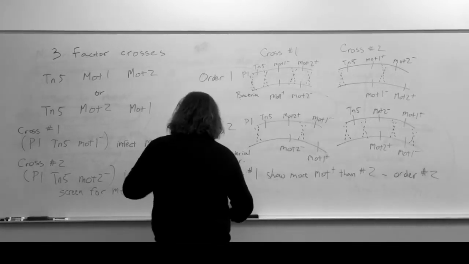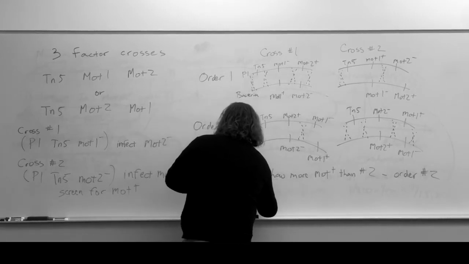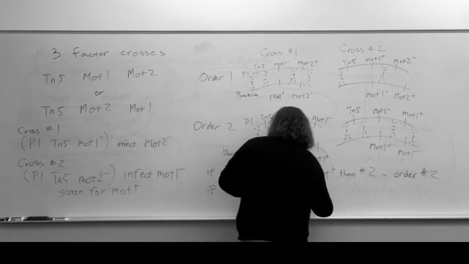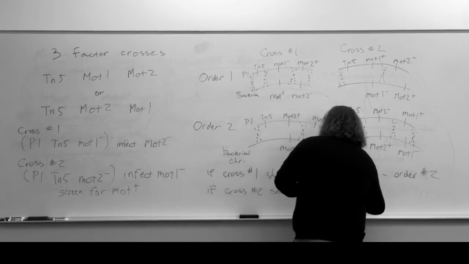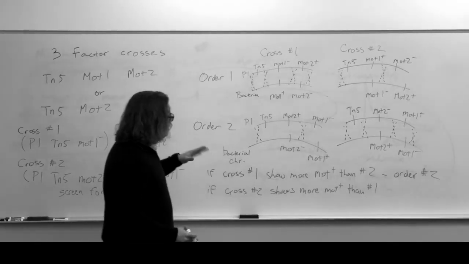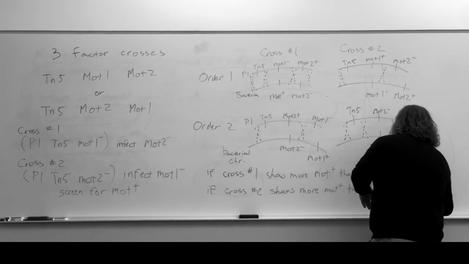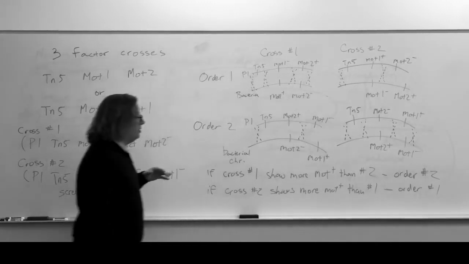Conversely, if cross 2 shows more mot plus than number 1, then it's very likely that order number 1 is the order of Tn5 versus mot 1 and mot 2.